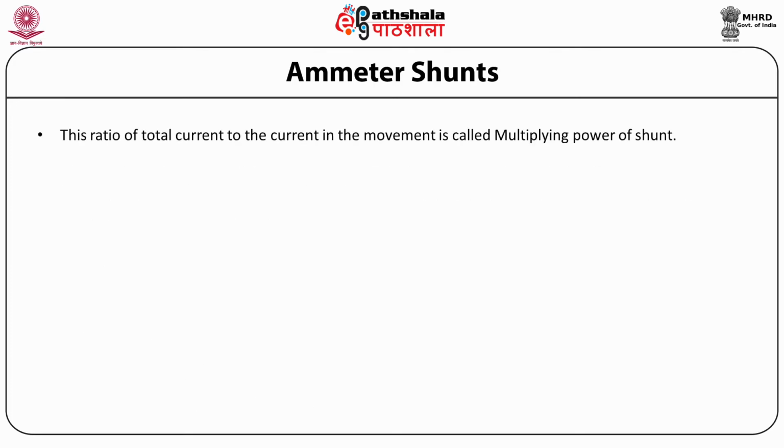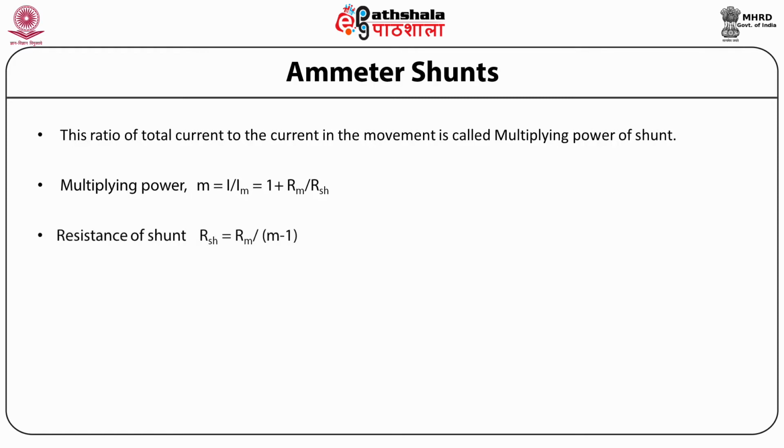This ratio of total current to the current in the movement is called multiplying power of shunt. Thus, the multiplying power M is equal to I by Im is equal to 1 plus Rm by Rsh. The resistance of the shunt Rsh is defined as Rm by M minus 1.